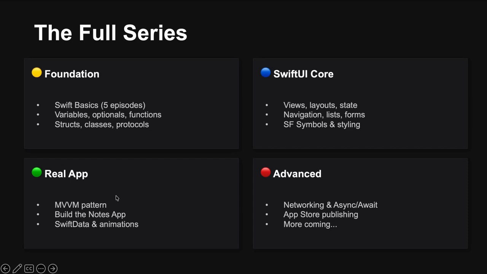And after that, the real app block, where we put everything together to build the Notes app, add persistence with SwiftData, and polish it up. And finally, the advanced block: networking, async await, and a full App Store publishing walkthrough. That's 22 episodes total, a complete path from 0 to shipping your first app.